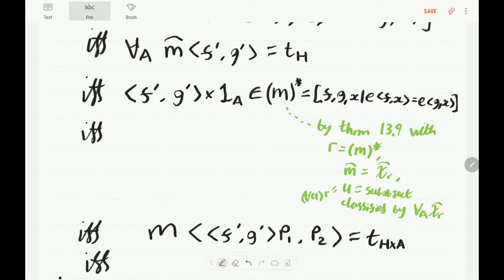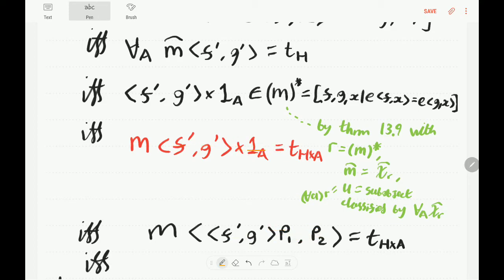Right, so this happens if and only if doing m on f dash comma g dash times 1_A gives true, or t after exclamation mark h times A. And that's going to happen, well, just expanding this out, we can rewrite this as f dash comma g dash p1 comma p2.